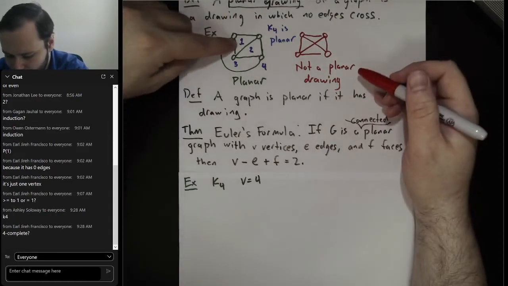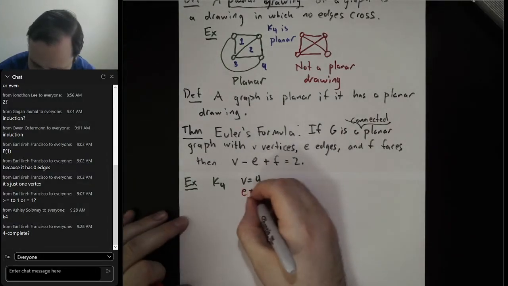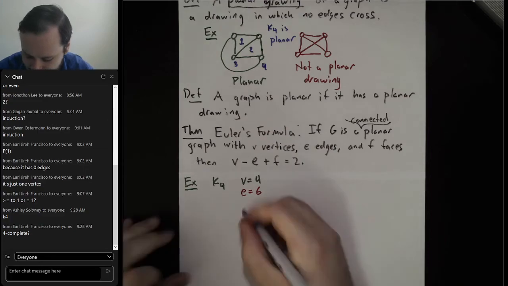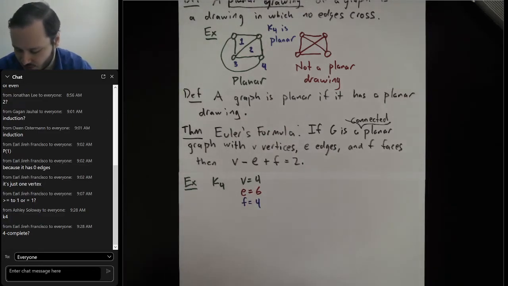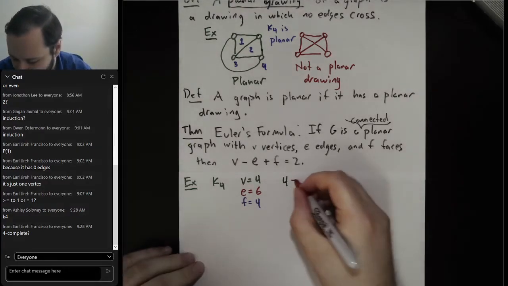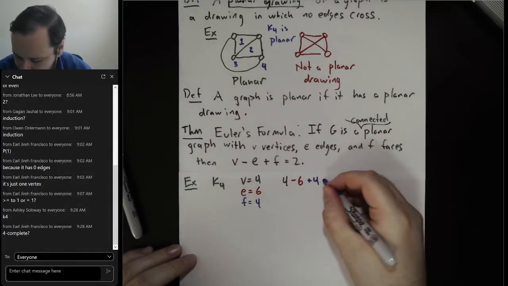I have 1, 2, 3, 4, 5, 6 edges. And I have F equal to 4. And indeed, 4 minus 6 plus 4 equals 2.